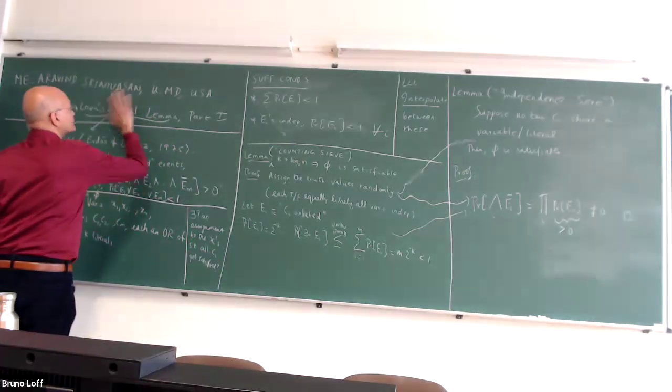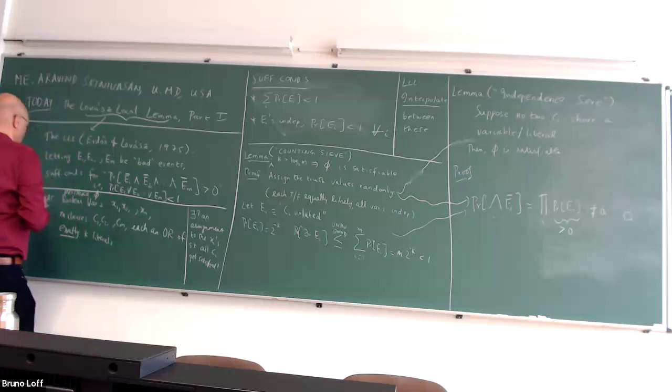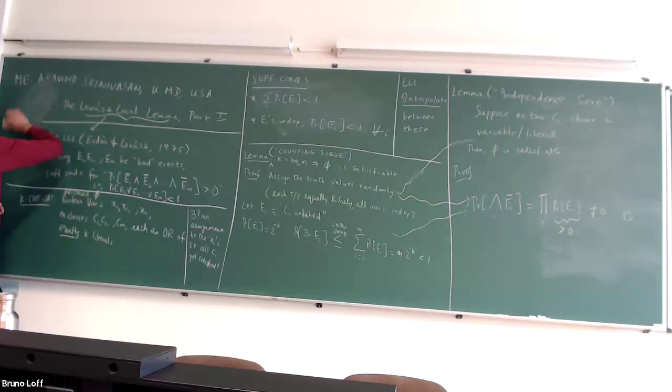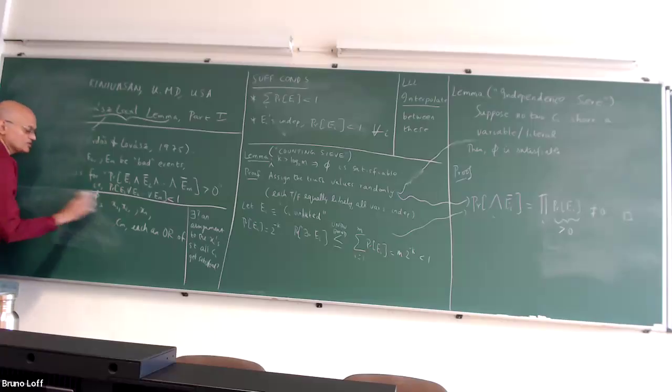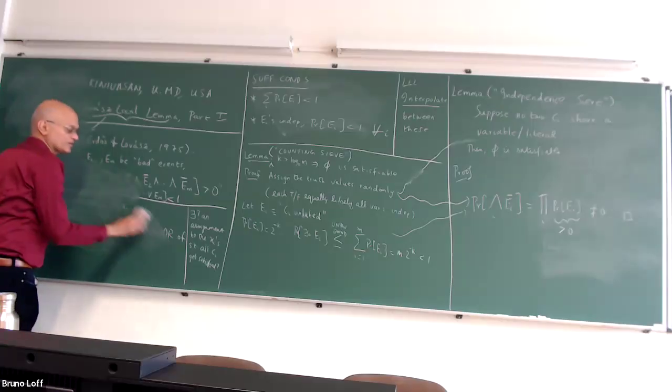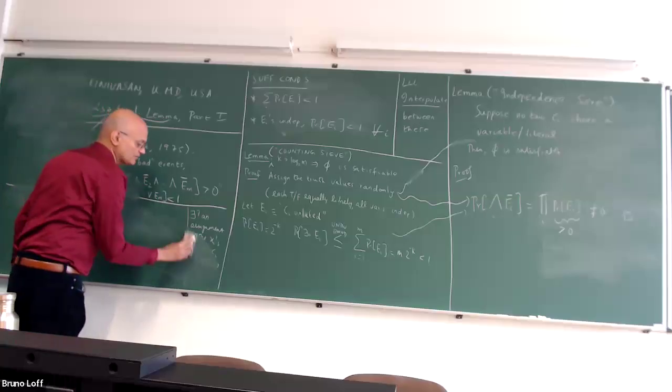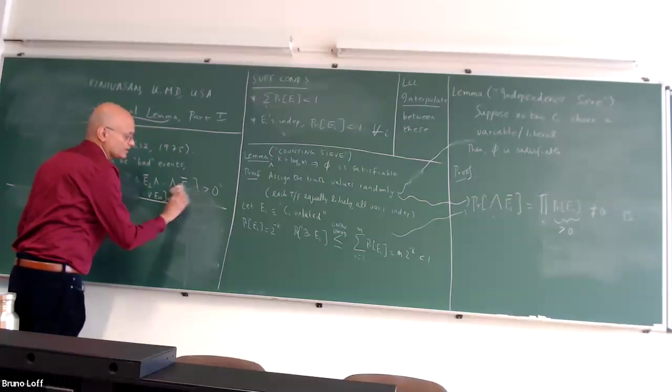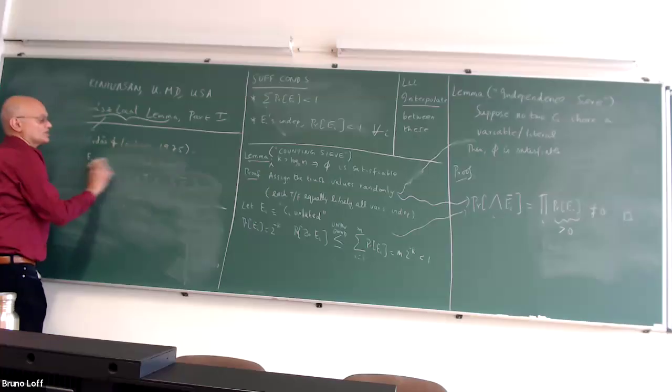I'm going to erase this part out. I'll first start with the simple formulation of the local lemma for the symmetric version, and then we go to the more general formulation. There are even more general formulations.